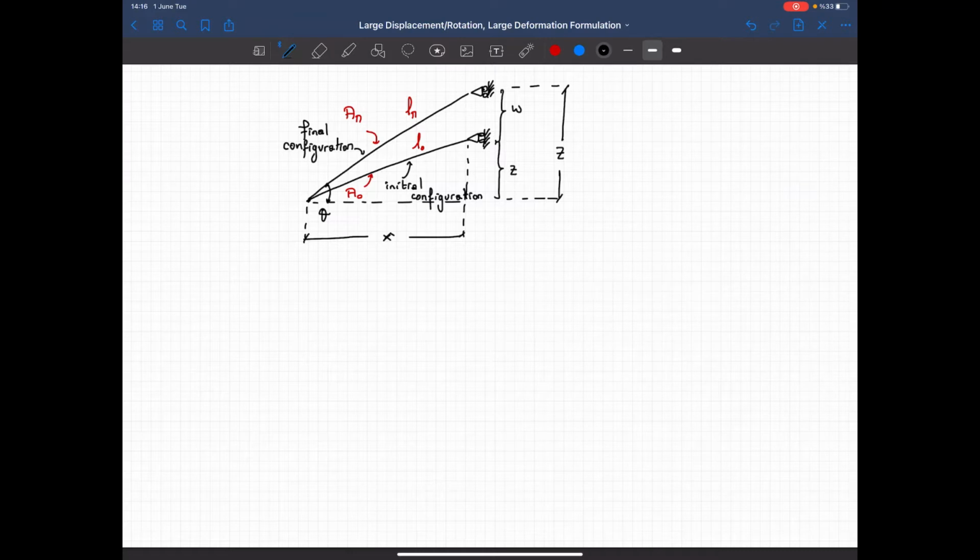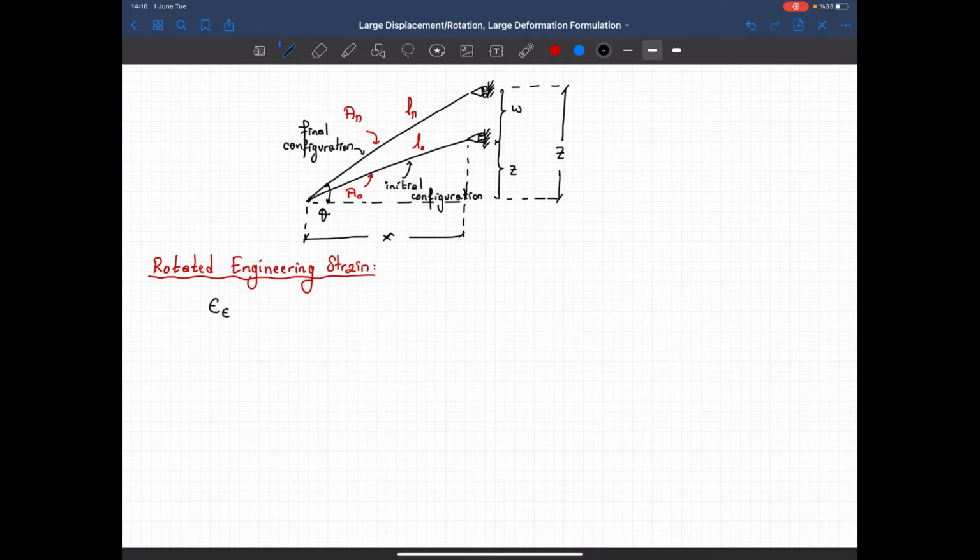Now, the first formulation that we will talk about will be the rotated engineering strain. Here we will be using the engineering strain definition.